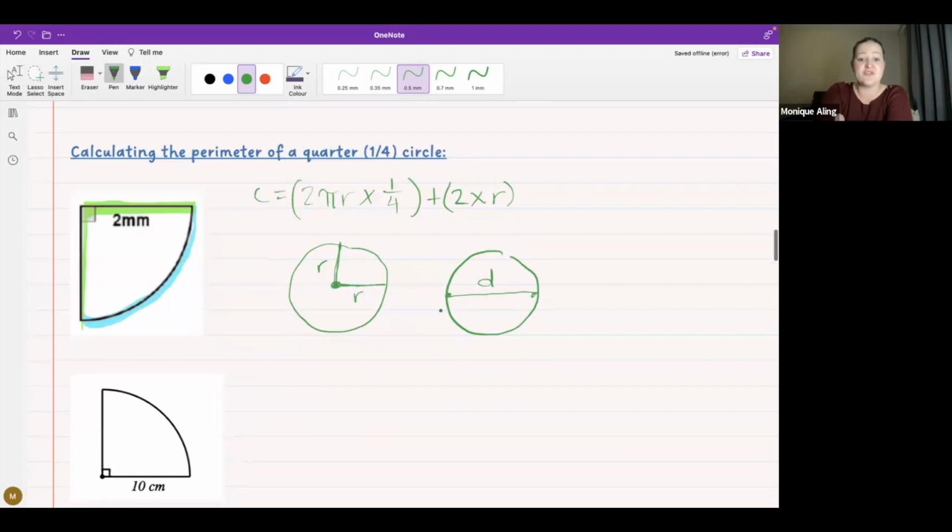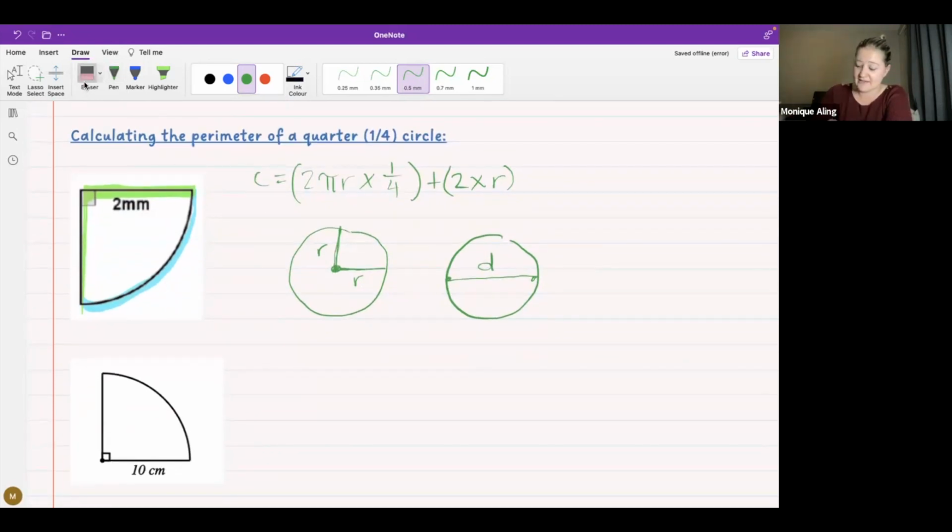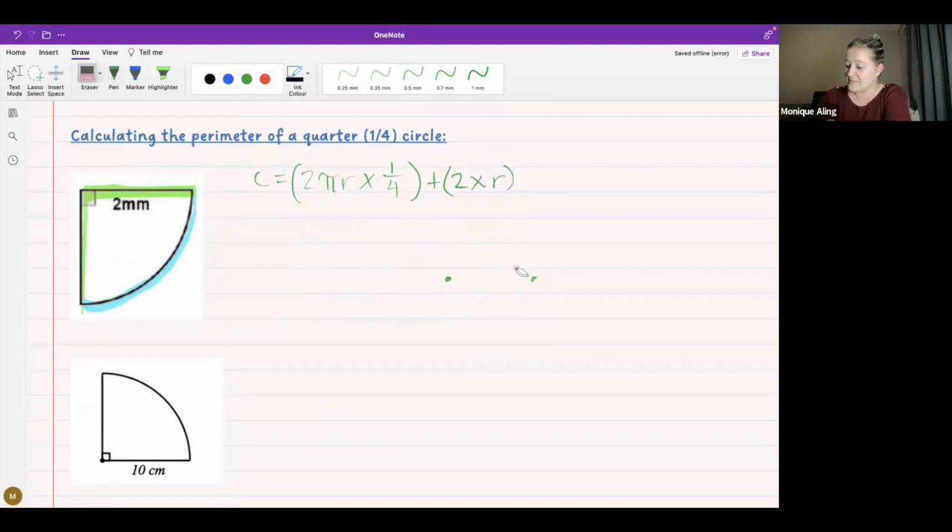Okay, so just to re-explain the formula, remember this is the same formula. This is the original formula. 2 pi r is our normal formula. I am timesing by a quarter because it is a quarter circle, just like we did previously when I times by half, because it was half a circle. Then remember, we added the diameter, but in this instance, we don't have a diameter.